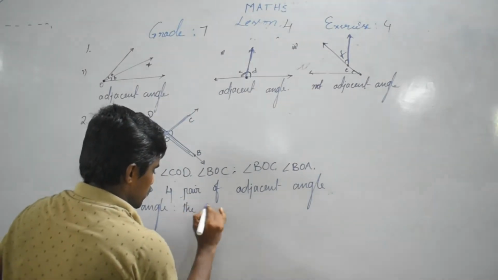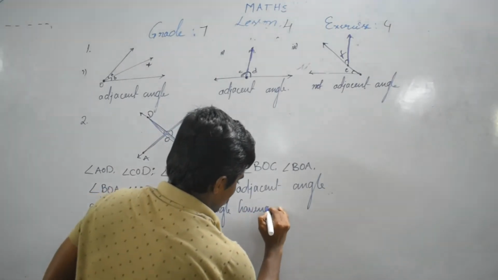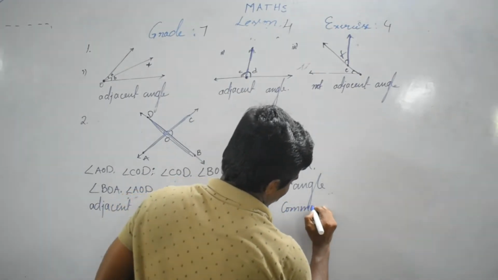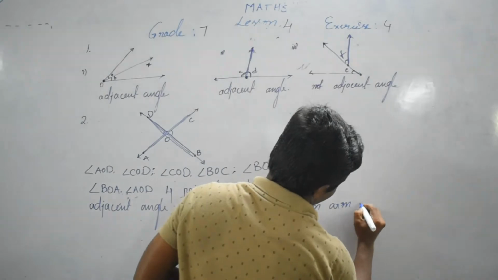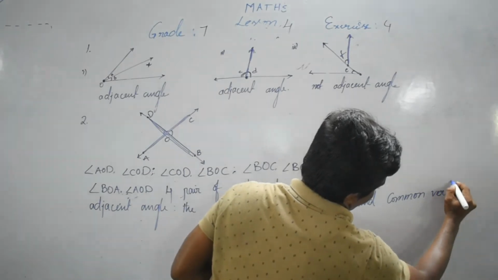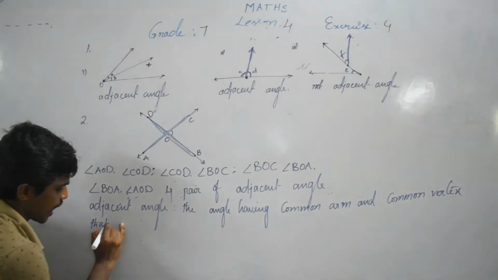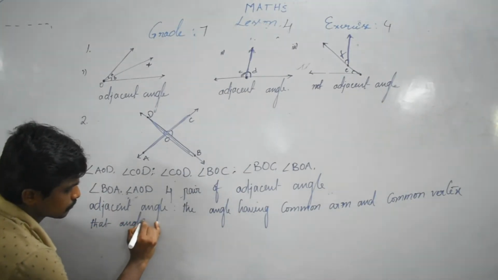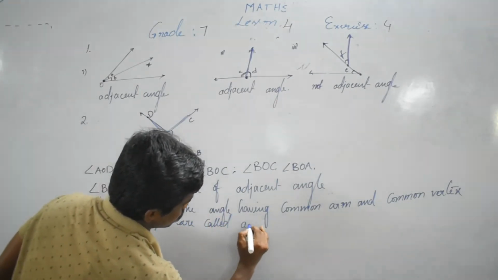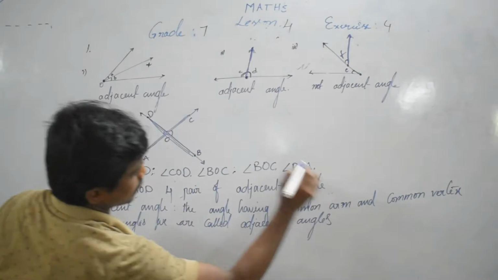The angles having a common arm and common vertex, those angles we call adjacent angles. That is right.